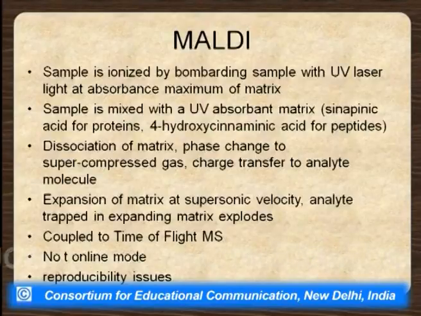So, expansion of the matrix will occur at supersonic velocity, and analyte trapped in the matrix will explode, further leading to aerosolization, and this can be coupled to a time of flight mass spectrometer. It is not an online mode. You have to prepare your sample and load it onto the matrix, and definitely it is not taking an HPLC input.